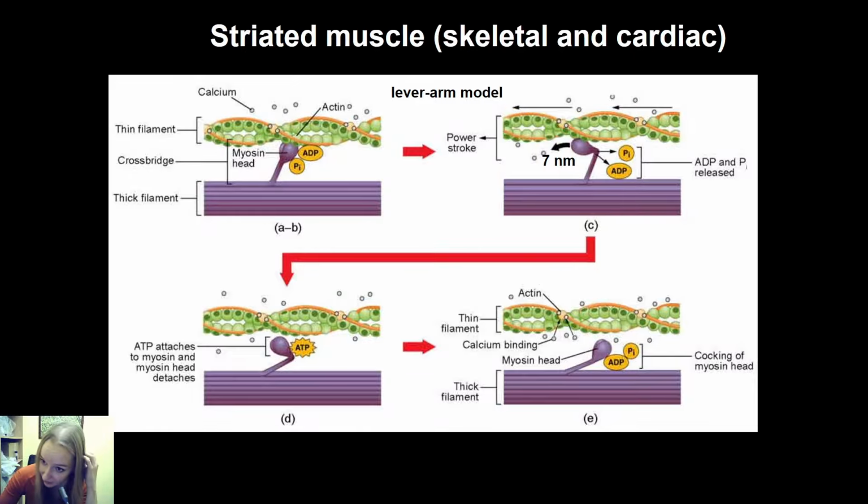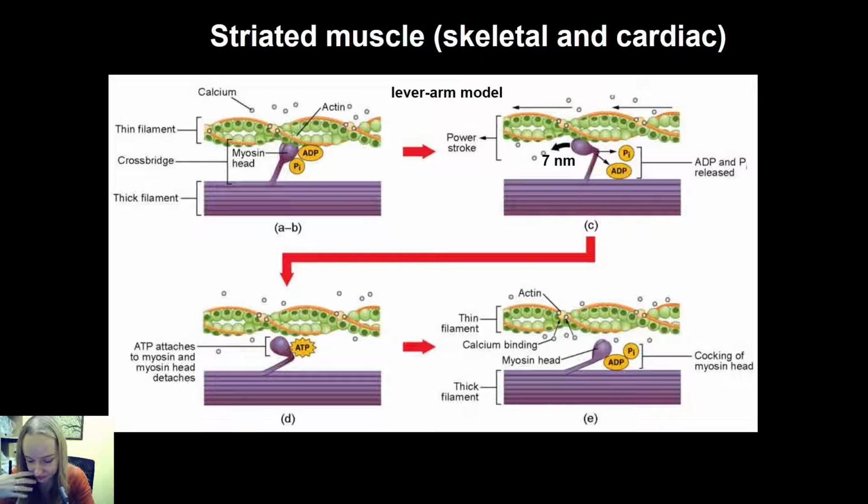But what's happening here is much more difficult than it sounds. You're probably not surprised at this stage of the presentation that we're going to describe the contraction in more detail. So what's happening right here is that we need to activate actin first in order for contraction to happen.